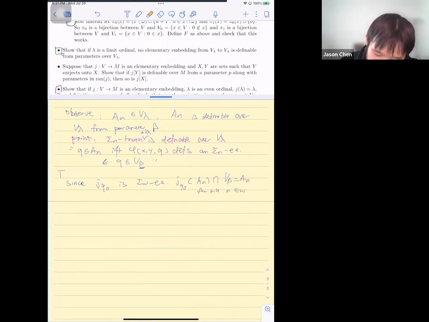Right, and the reason is it preserves this definition here. All right, JQ0 is fully elementary. So whatever you use to express sigma n elementary, that predicate gets preserved.